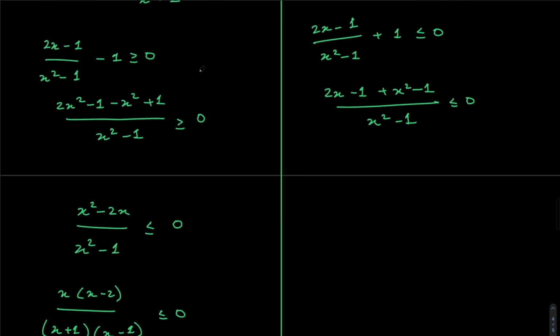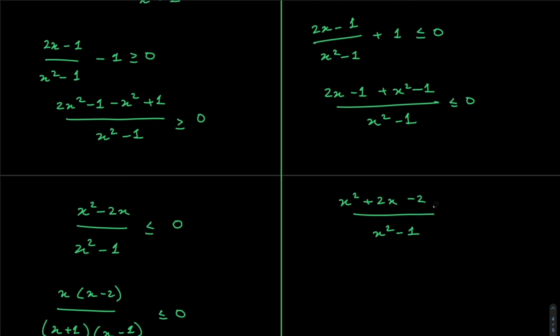So now I'm going to have (x squared plus 2x minus 2) all upon (x squared minus 1). All right, that's what I'm going to have.